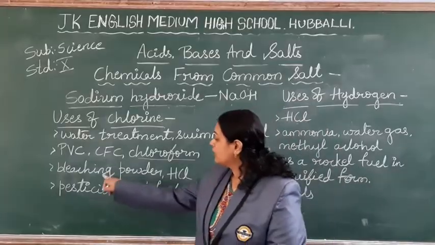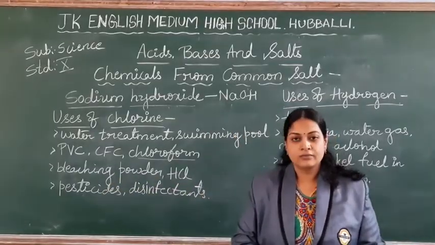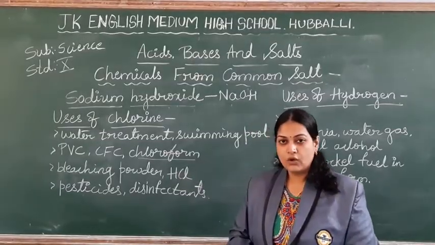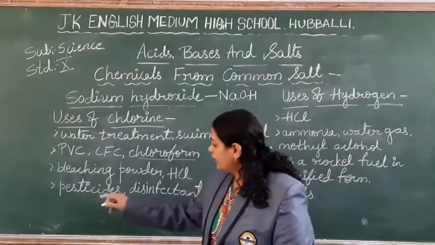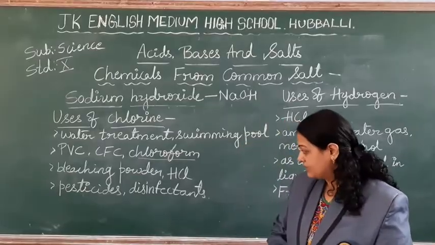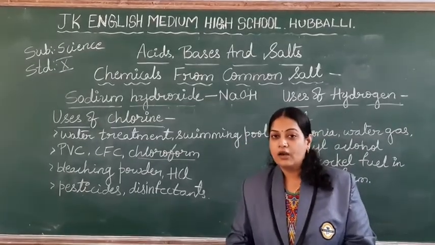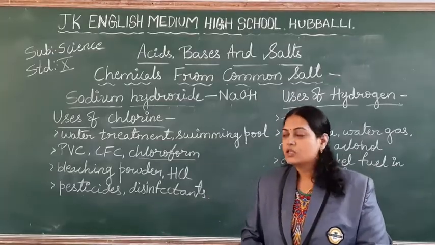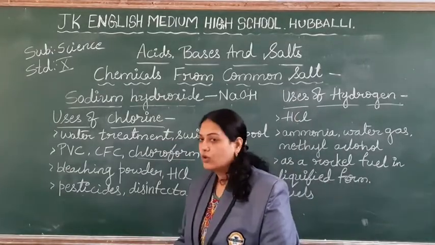It is used in the preparation of bleaching powder and even HCl. The chlorine is used in making pesticides and in preparing disinfectants. Right? So these are all the uses of chlorine.